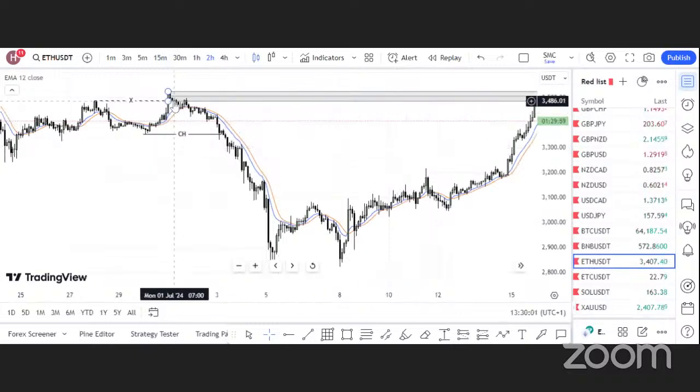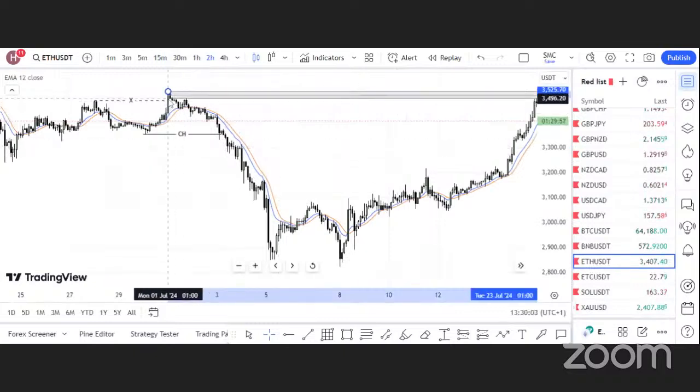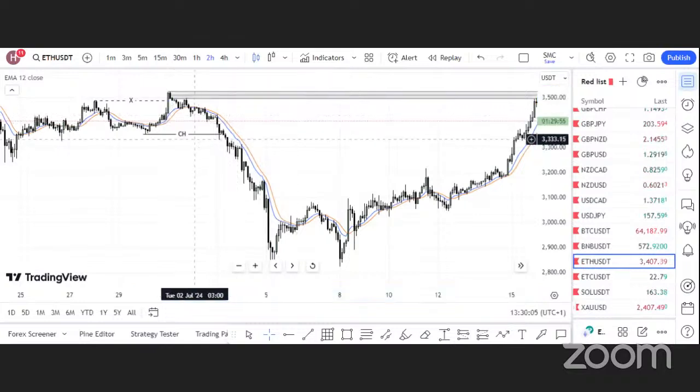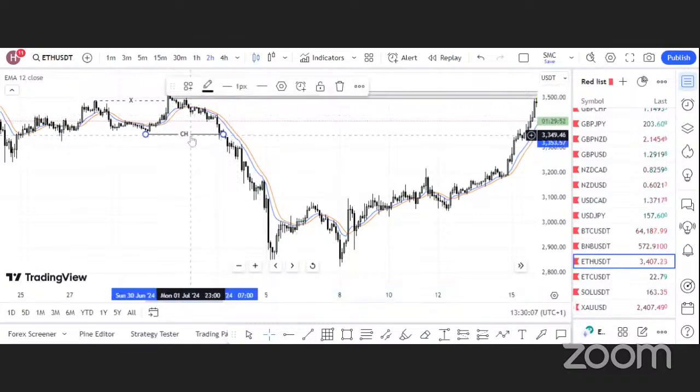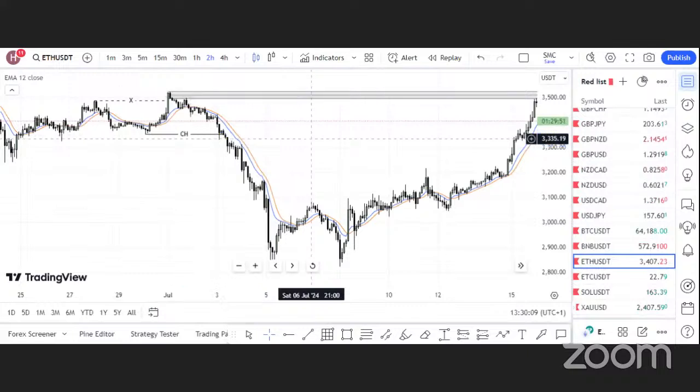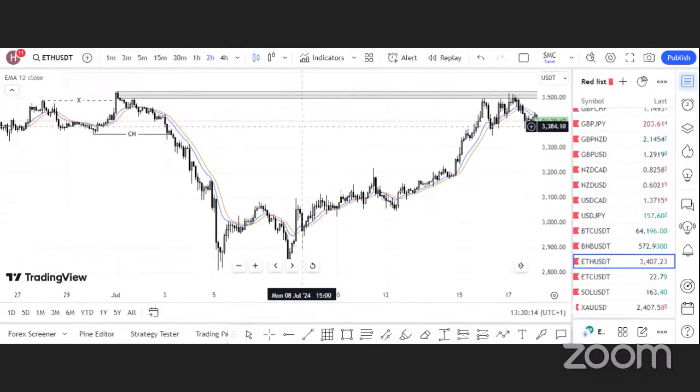All right, so on the 4-hour time frame, that's where we started our analysis from. Okay, and it was clear that the market is currently on a resistance zone.